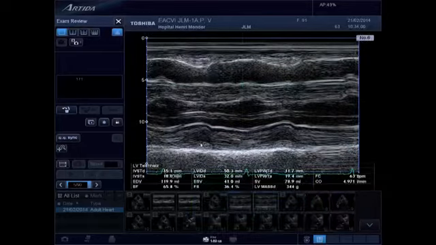And here we can see that the interventricular septum is 15 millimeters of diameter at end diastole, and the posterior wall is 20 millimeters of thickness at end diastole, with the left ventricular end diastolic diameter at 50, which gives us a wall thickness to left ventricular ratio at 0.51 and a left ventricular mass highly above 130 grams per meter squared. So this patient has clearly concentric left ventricular hypertrophy.